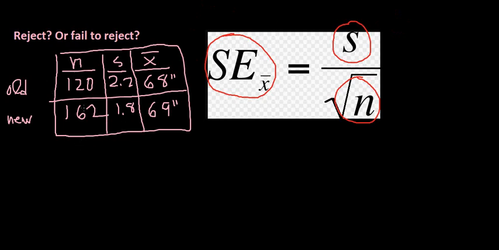So what you want to do is calculate your standard error of the mean. We'll take for the old class, your standard error is equal to your standard deviation simply divided by the square root of the number of your observations, which in this case, in the old class, we had 120. Now, there's mathematical reason to all of this.